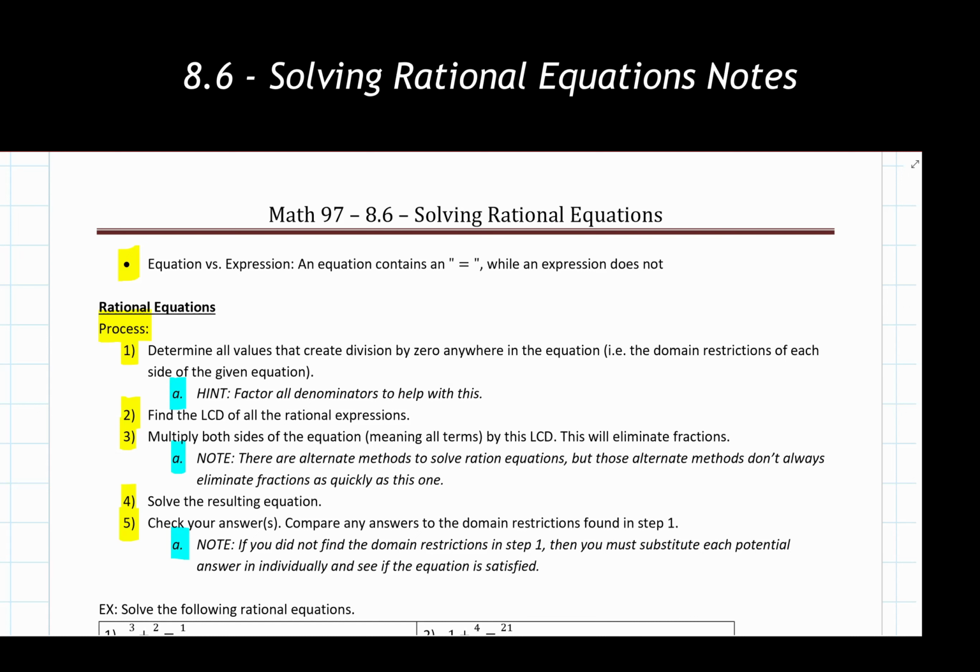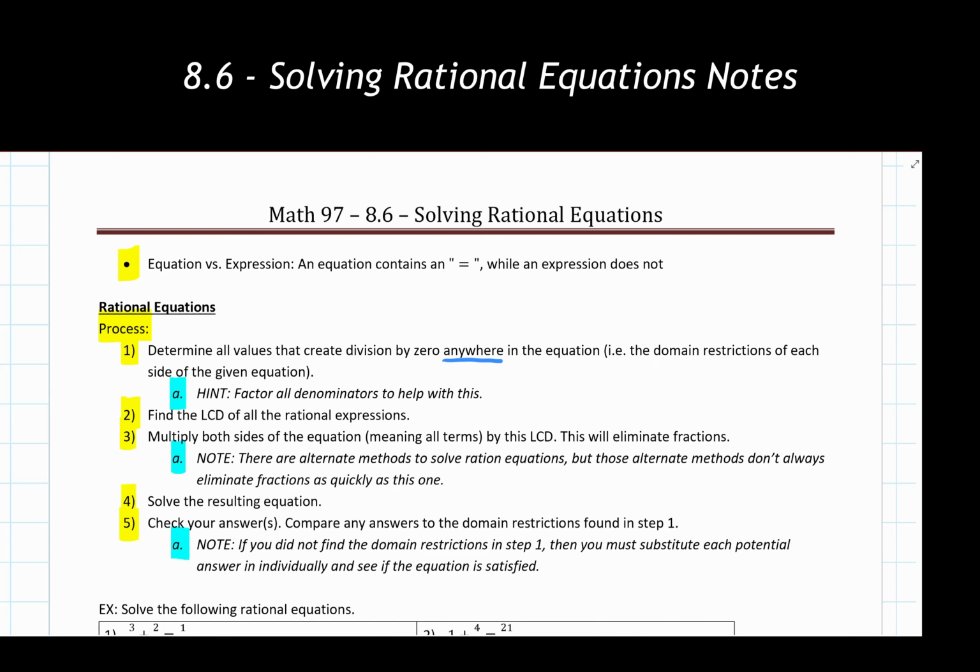So our first step, we need to determine all the values that create division by 0 anywhere in the equation. This is also referred to as finding the domain restrictions on each side of the equation. So I want to find where each denominator is going to be equal to 0.